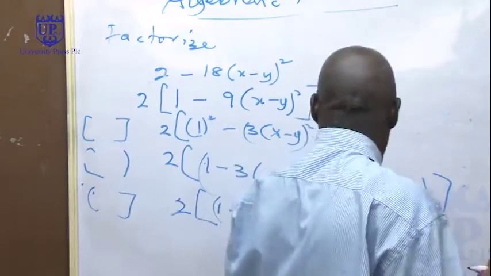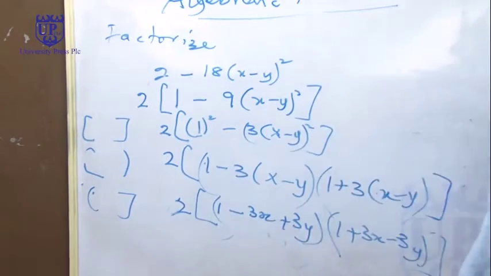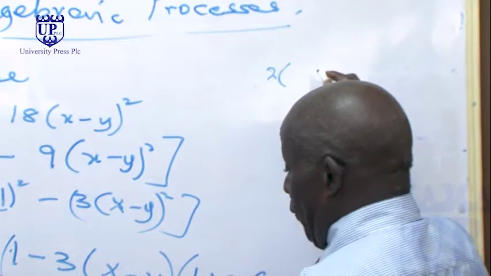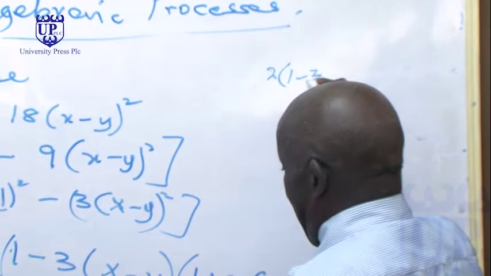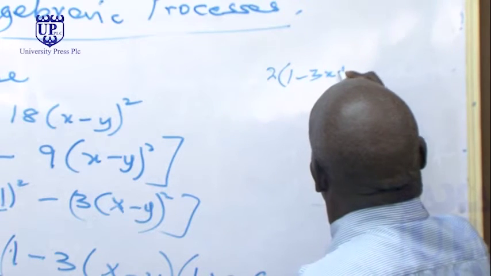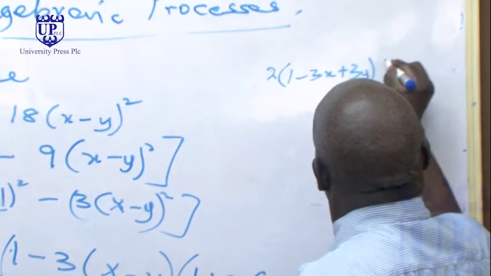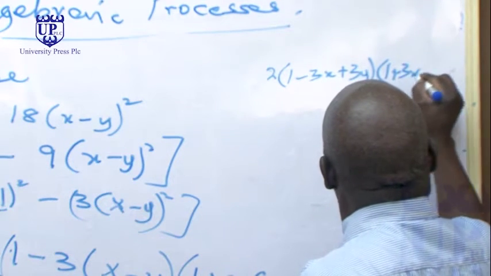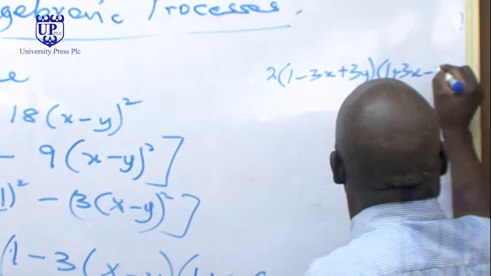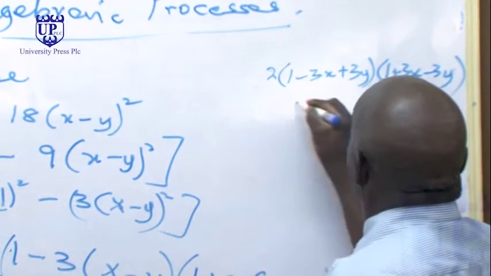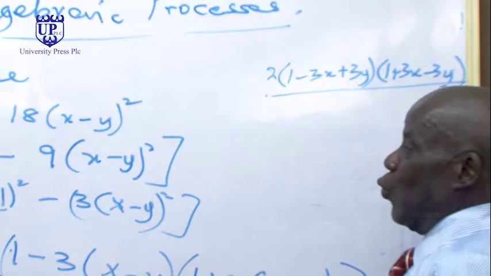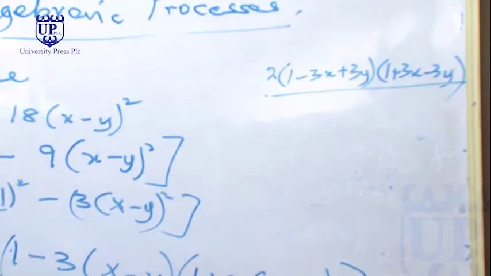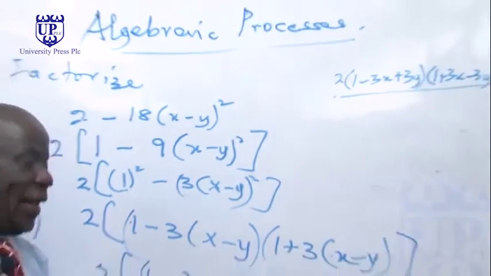Finally, it is now 2 into 1 minus 3x plus 3y into 1 plus 3x minus 3y. That is how to factor this one out. It's still difference of two squares.